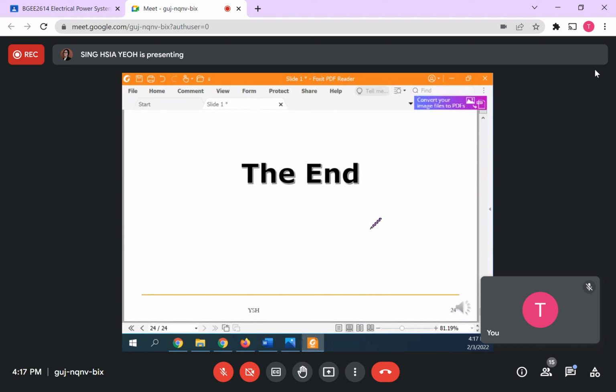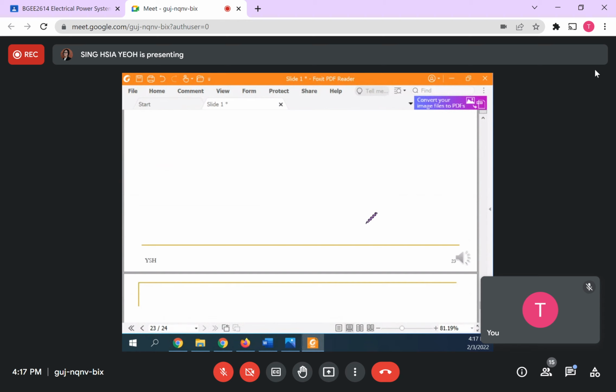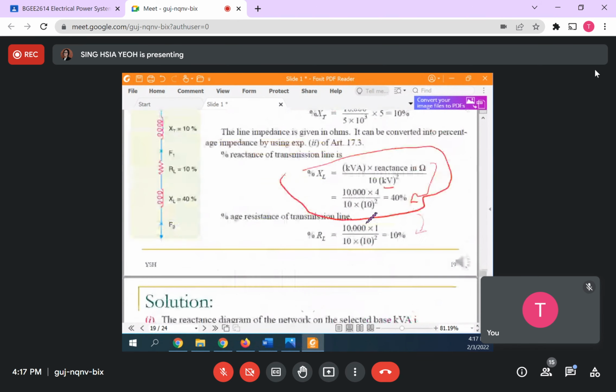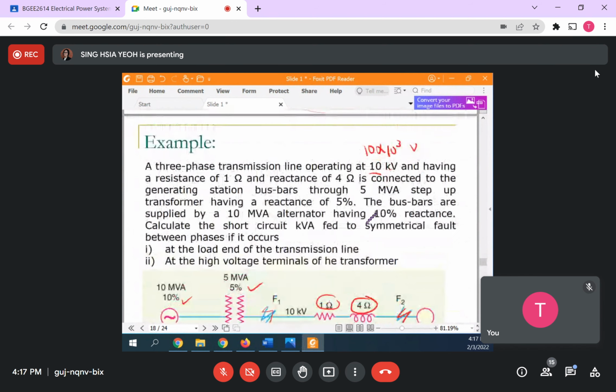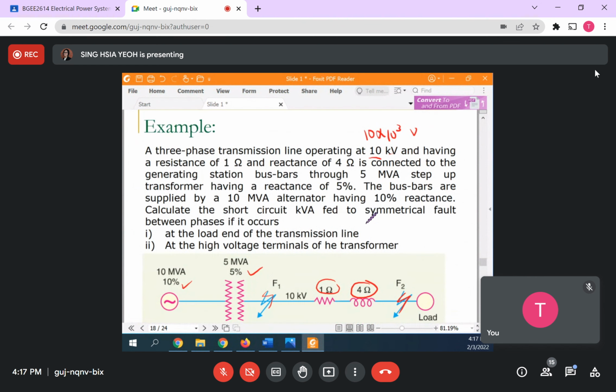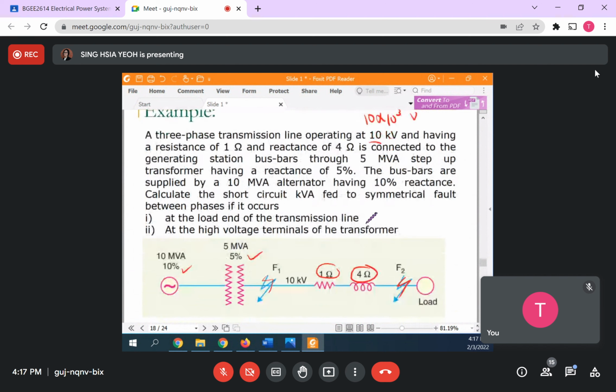At the end, how do we know if 12 kV is a phase voltage or line-to-line voltage? This is a good question. When line or phase voltage is not given, you just use whatever value they give you. I believe it should be line voltage, because if not stated, normally it will be line voltage.